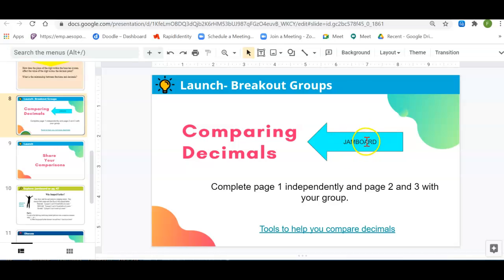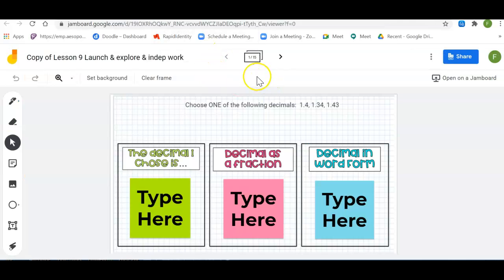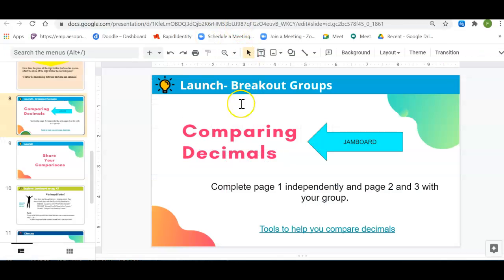For the first couple of activities, you're going to complete them on our actual Jamboard, and I'll show you which one. The Jamboard we're going to be using has been assigned to you, and this is what it looks like. There are quite a few on here that we're going to be working on today, guys. Let's go back to our lesson.